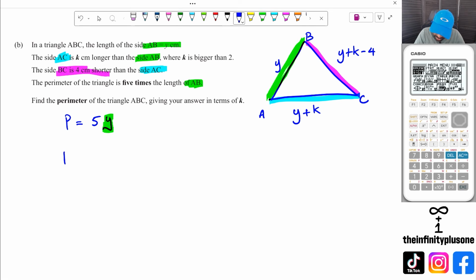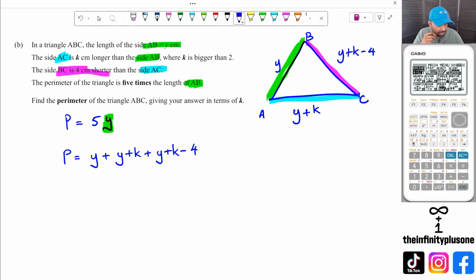So if I was to do this, the perimeter of the triangle is taking those 3 sides and adding them together. So we've got y plus y plus k plus y plus k minus 4. Now the thing is, we've been asked to give it in terms of k, so we've just got to be mindful of that. The perimeter has to be given in terms of k.